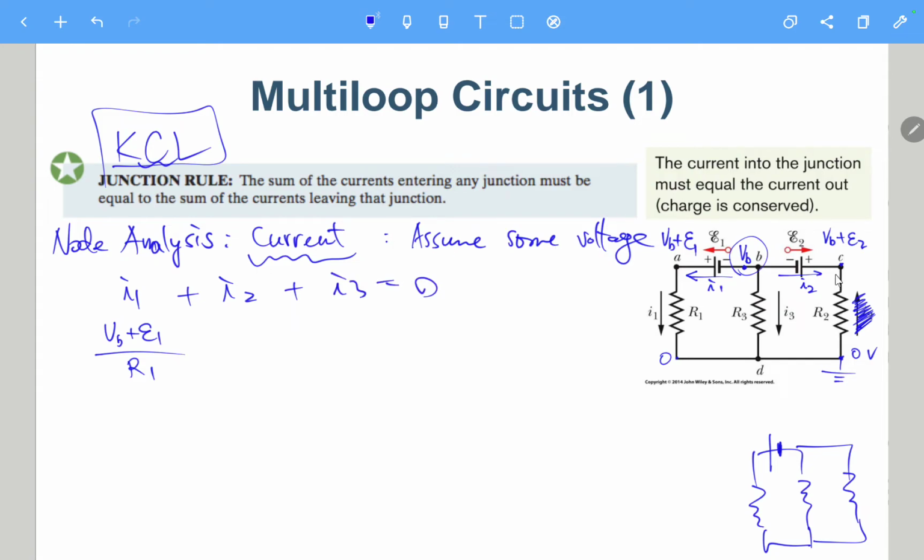For I2, we already know the voltage is known. So the current I2 here should be VB plus E2 over R2. This is VB, this is 0, so I3 is VB minus 0 over R3.